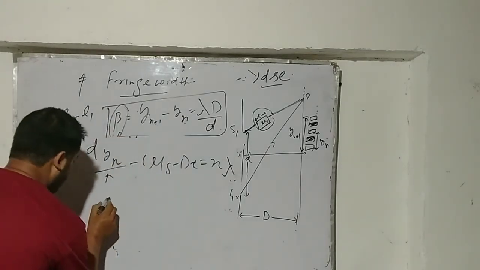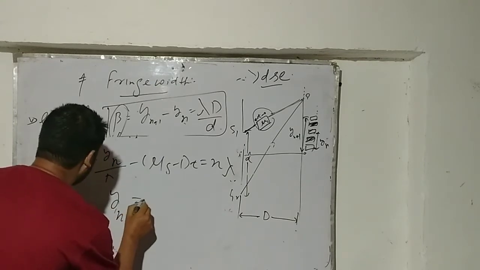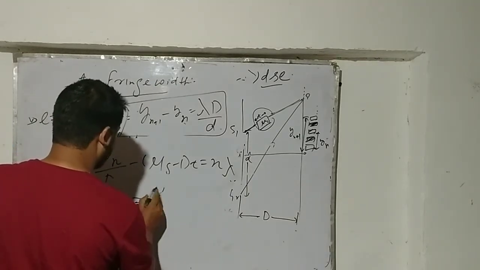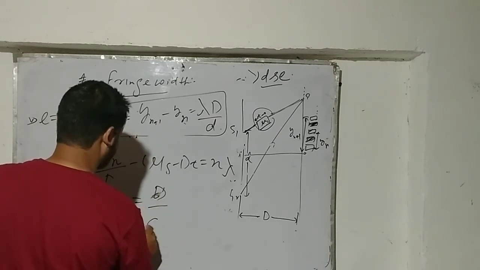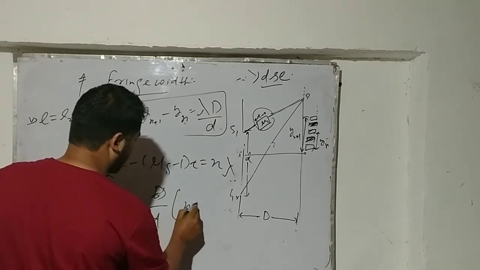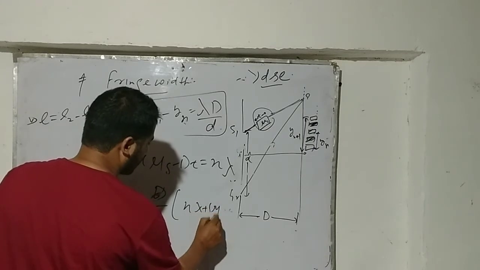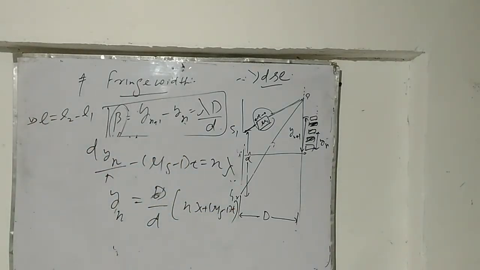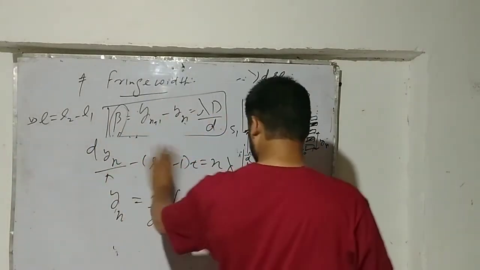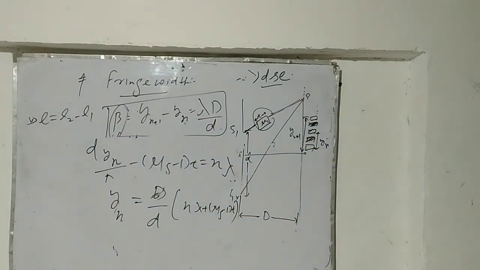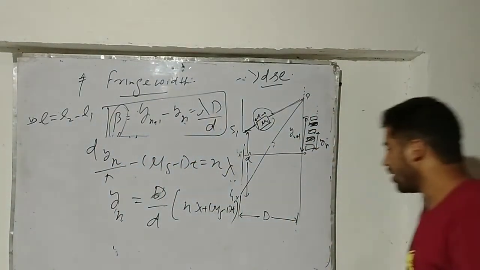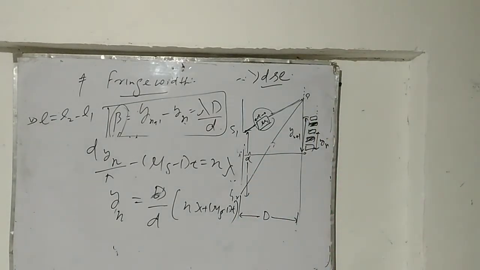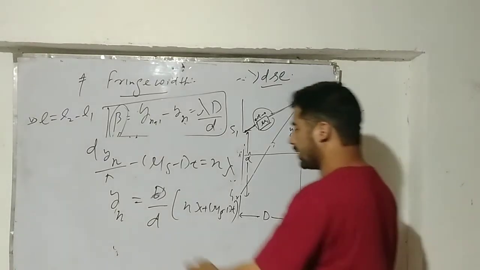So if I want to know my y_n, it will be simply D over d times n lambda plus (mu minus 1) t. This is something we get after some transformation of this equation. It's not a big deal. This equation gives me the position of the nth bright fringe.